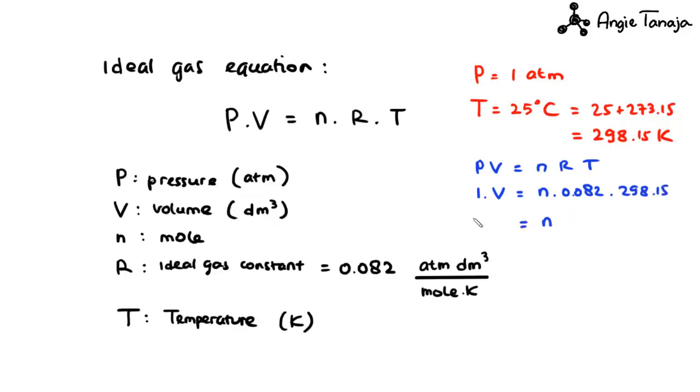So we can rearrange this formula to be n equal to V over 0.082 times 298.15. If we calculate this number, we will come up with the value of 24.4. Or if you make it to two significant figures, it will be 24.